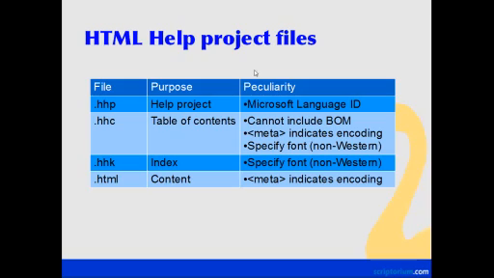In our HHC, that is the table of contents file, it's more or less an HTML file. But we found this file cannot include the byte order mark, the BOM, at the beginning. If it includes a BOM, then the HTML Help compiler bombs out. It stops working. So one of the things we have to do is make sure we remove the BOM when our HHC file is created.